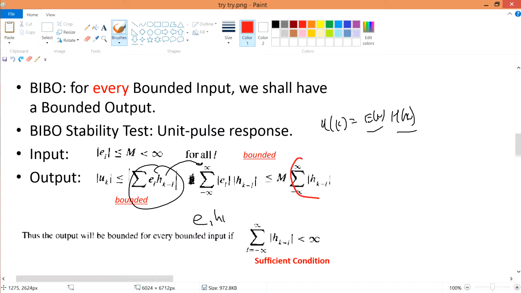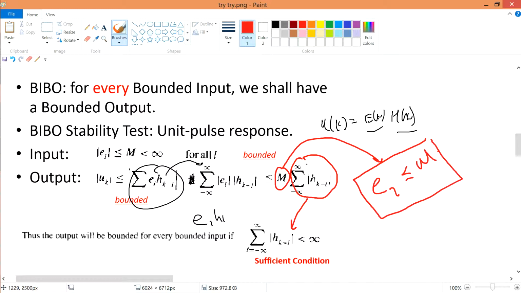Now this part over here must be smaller than infinity, so this is a sufficient condition that you need to satisfy. And next, your M is talking about this thing over here, so your EL must be smaller or equal to M. So these are the two conditions: this is your bounded input, and this is your bounded output.